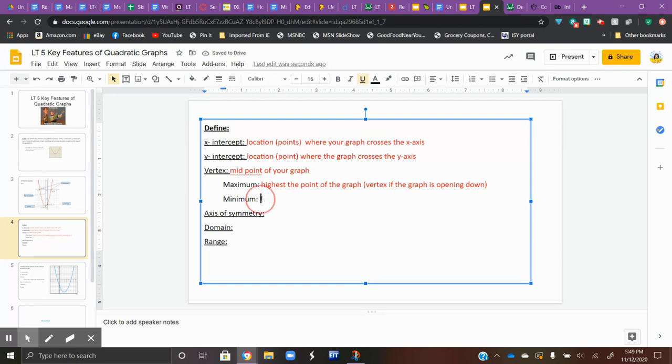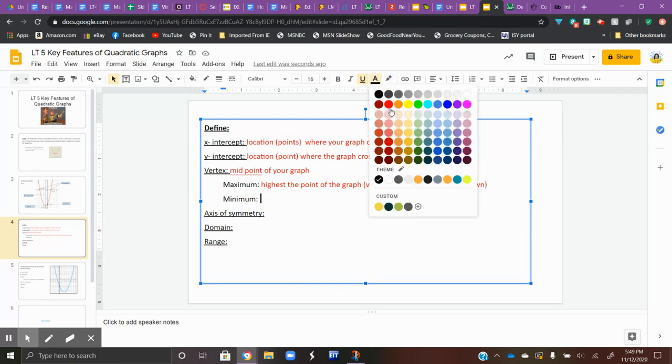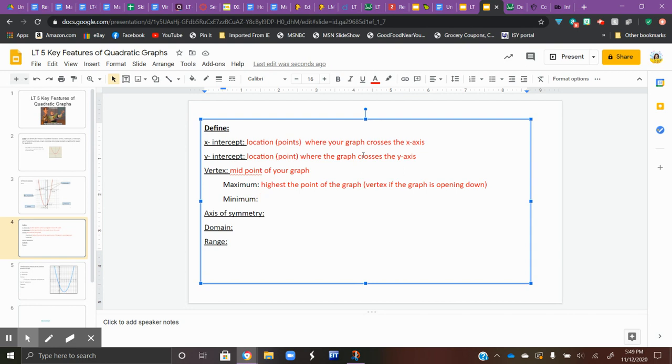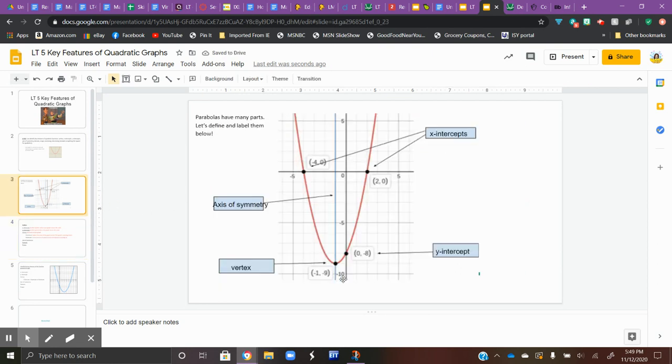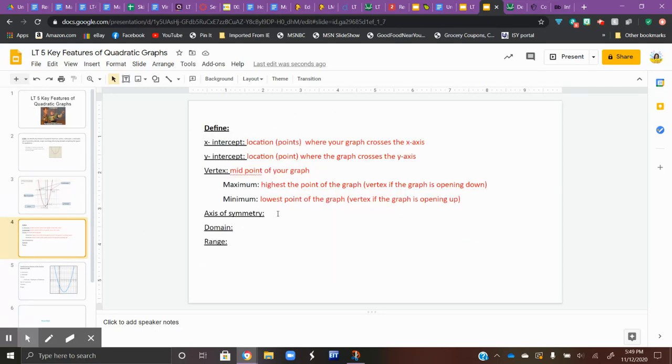And then we have the minimum. Minimum is the lowest point of the graph, and that would be if the graph is opening up. For example, on our previous slide, our graph is opening up. So that makes this point down here our vertex, which is also a minimum in that case.